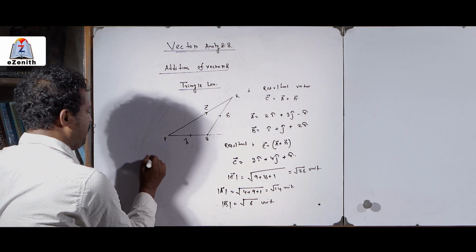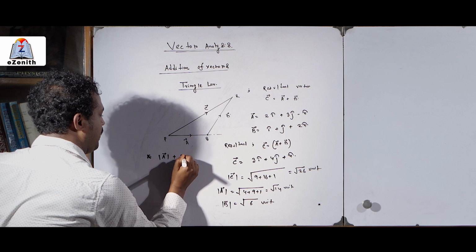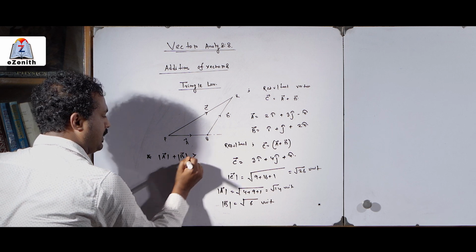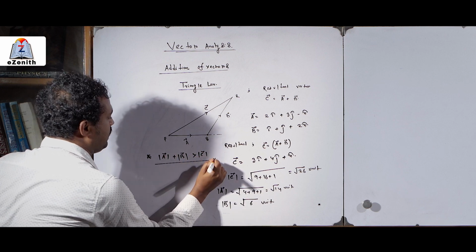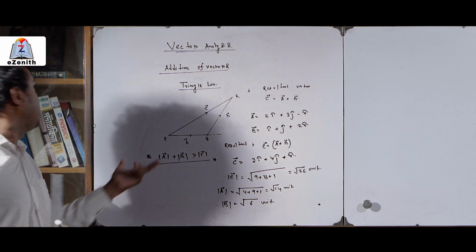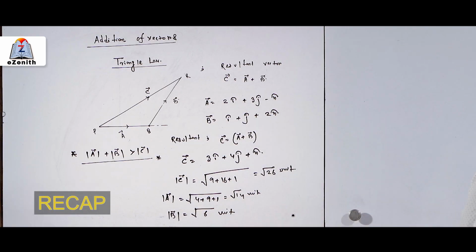So it's an important point for vector addition. Mod of A plus mod of B is greater than mod of C, that is the basic triangle formula or triangle inequality. So this holds in case of the vector addition formula for the triangle law.